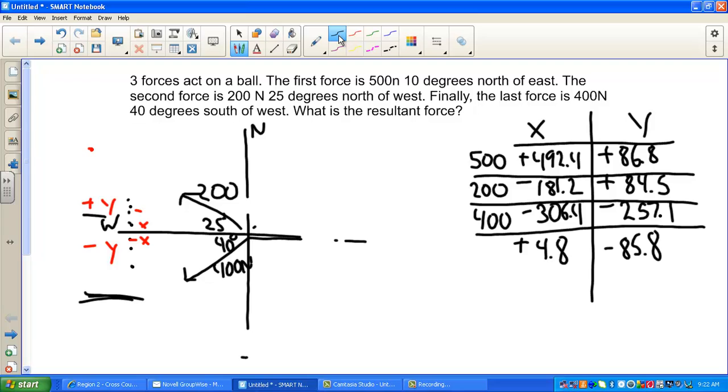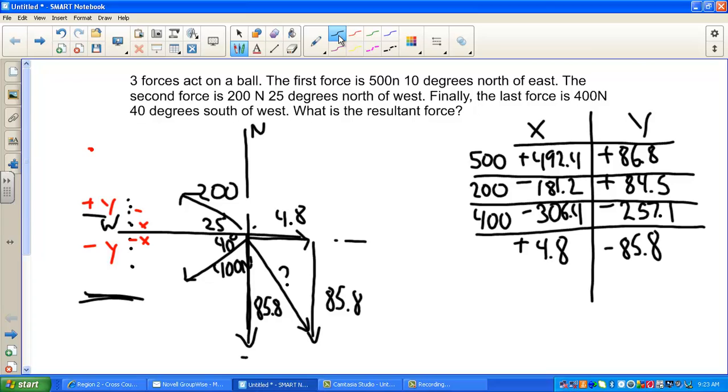Okay, so I have an x value, we'll put right here, of 4.8. I have the y running along here, not quite to scale, so 85.8 right here. And so I'm looking to try to find the result of those. Well, if I do this, this gives me the diagonal, and that's what I'm looking for.